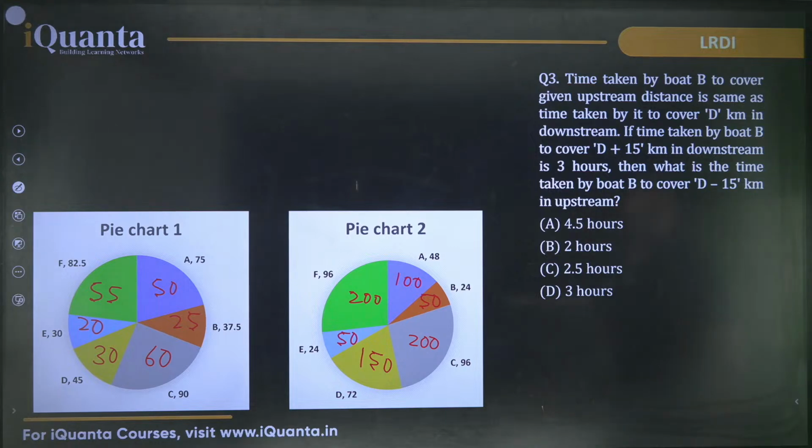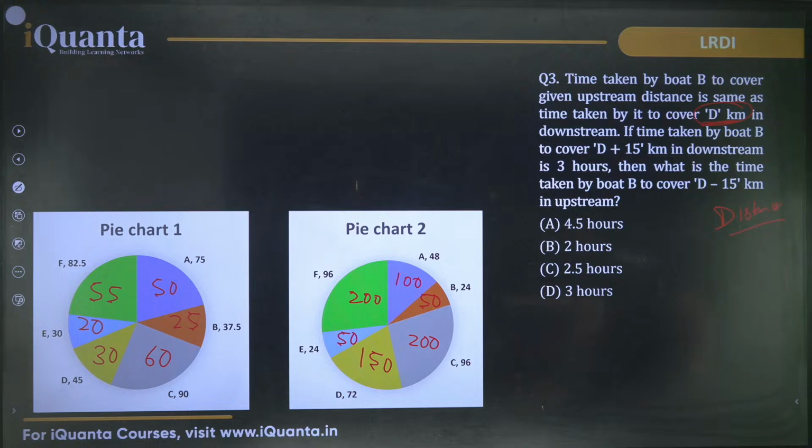D kilometer. Okay, let me see. D kilometer is speed. Distance. Cover D kilometer. That is distance. This is distance. D kilometer is distance. Okay. D kilometer is the distance, or we have to assume as x. D is distance.